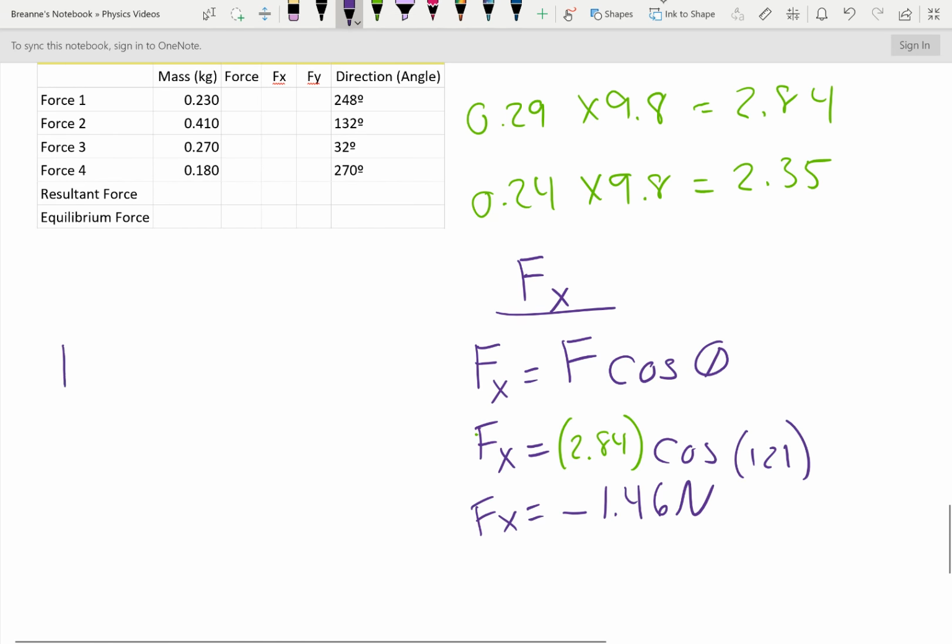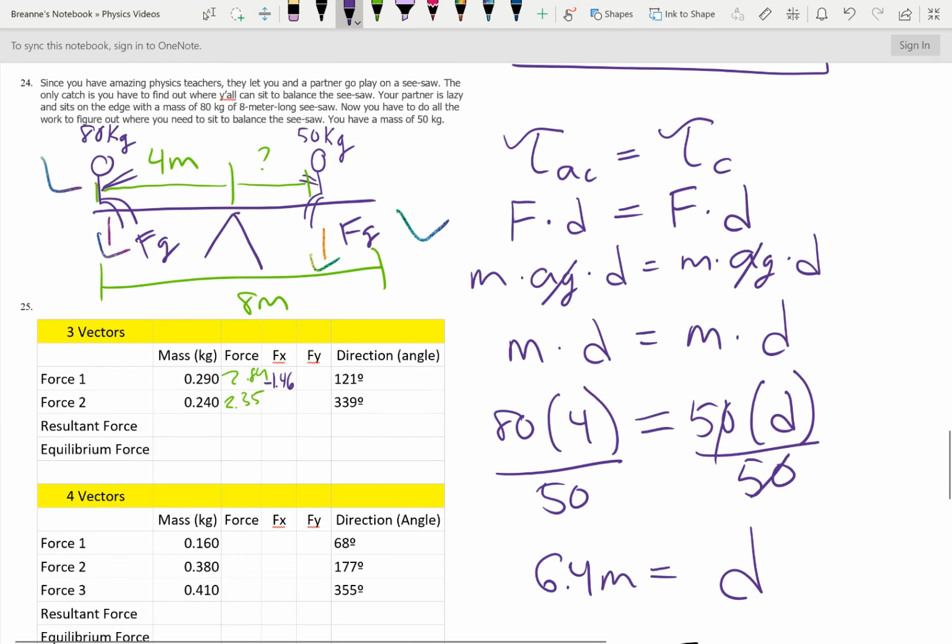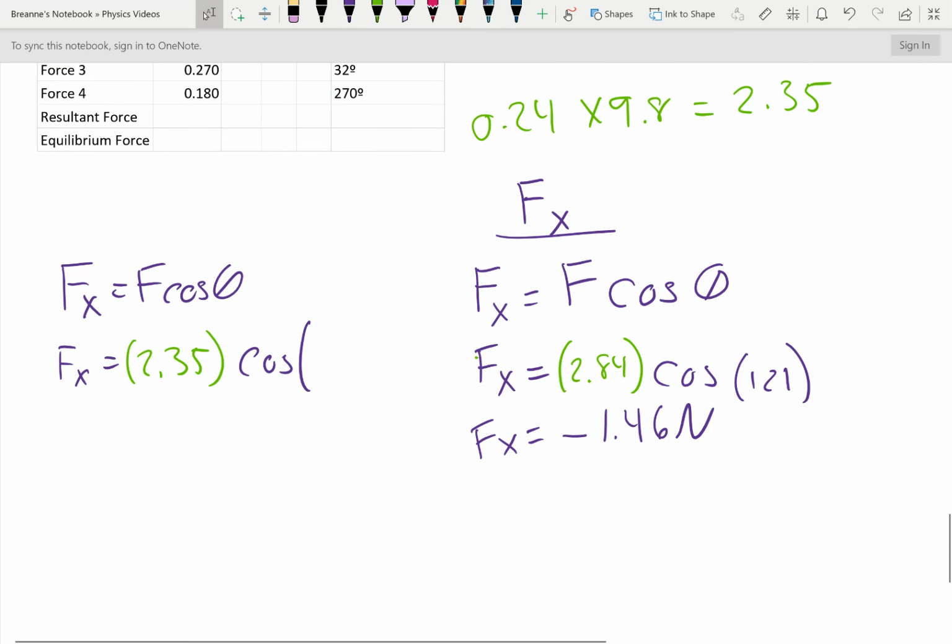You can do that for the same one again. So it would be your force times cosine of your angle. In this case, you would use your other force, which is 2.35, cosine of the angle for the next one, which is 339. You can plug it in.